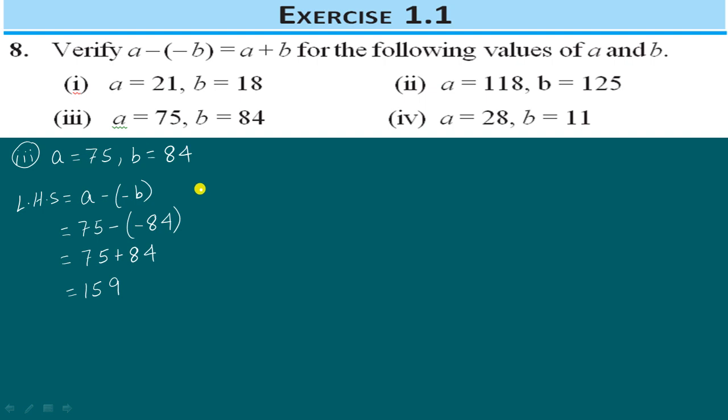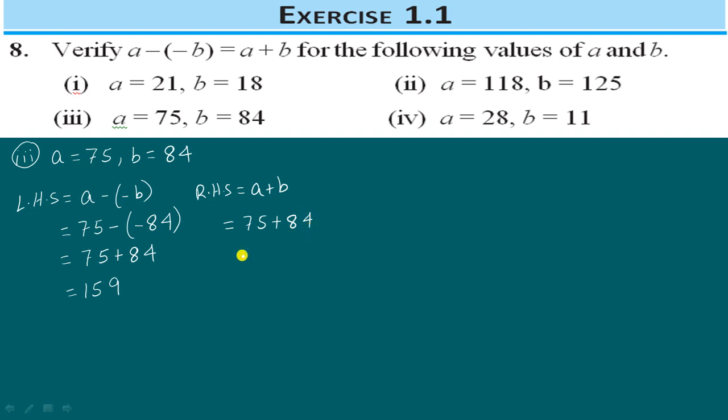Now let us take the value of right hand side. The right hand side is a plus b. Then we are putting the value of a as 75 and b as 84.